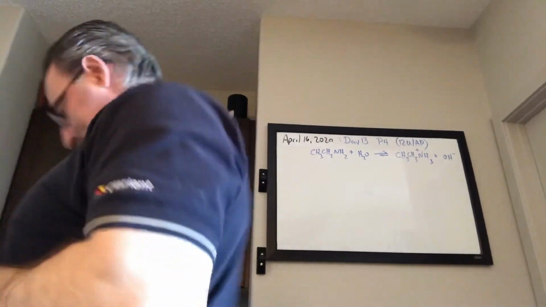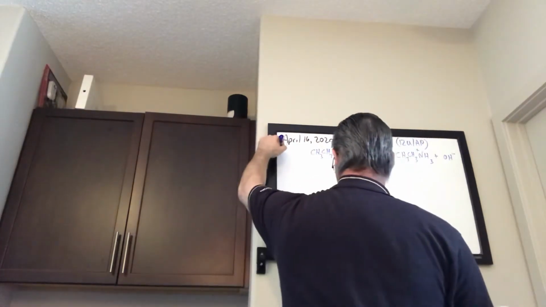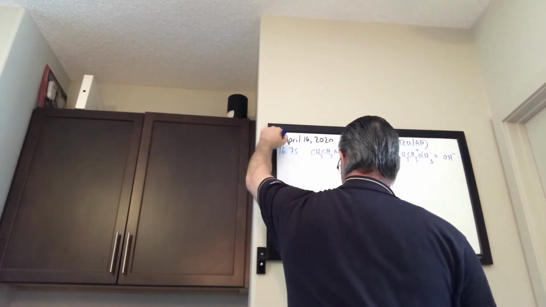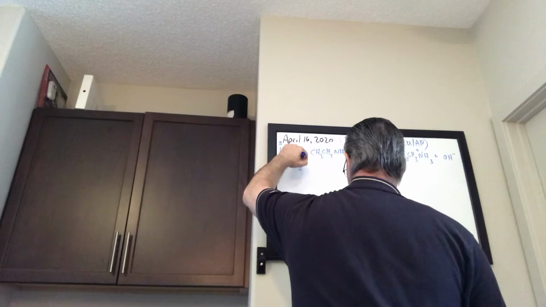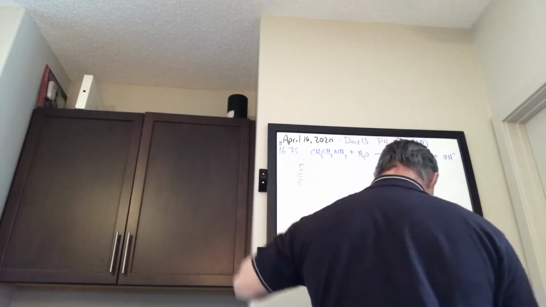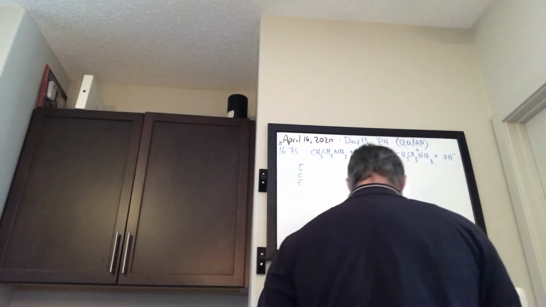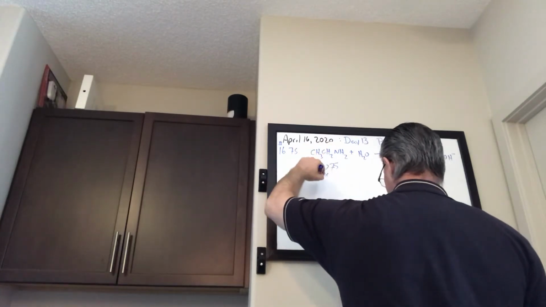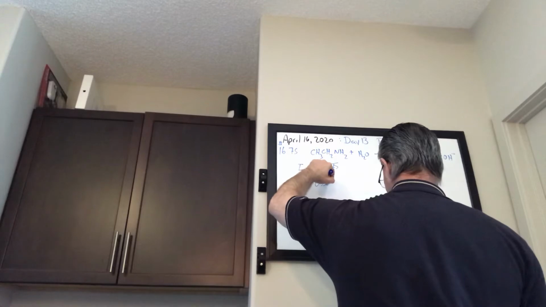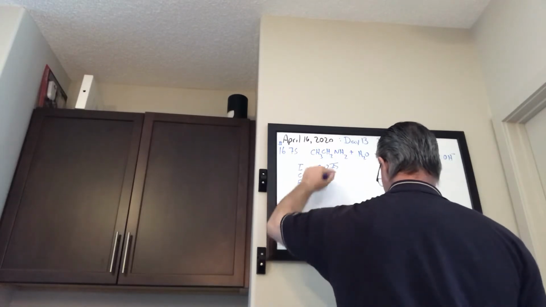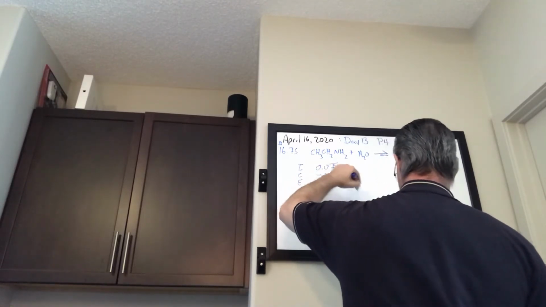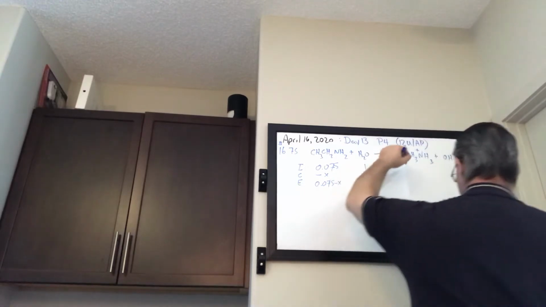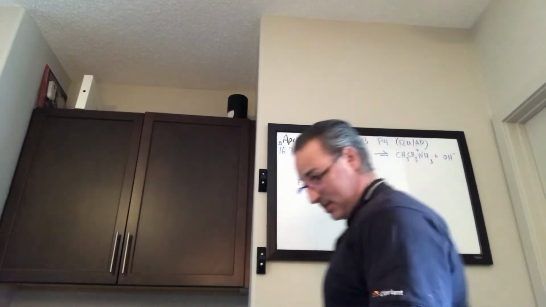They say that the initial concentration is 0.075. A certain amount X dissociates, so you get 0.075 minus X. This is not important because that's solvent, right? So it stays essentially the same.